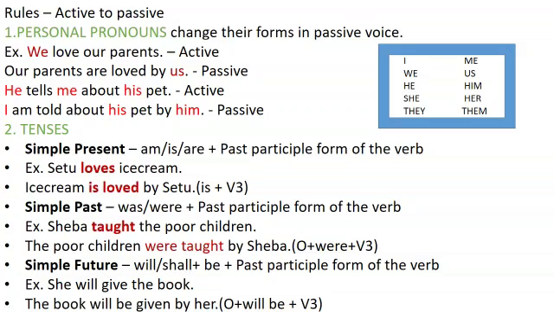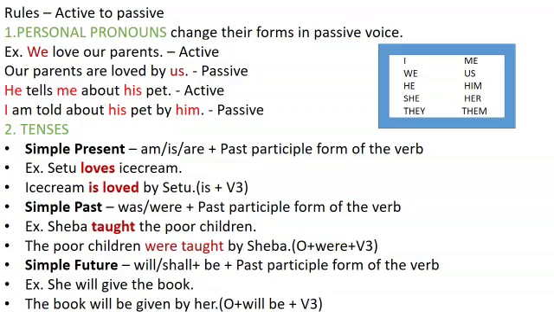The tense of the active voice remains the same in the passive construction. However, the form of the be and have verbs undergo a change. For example, in simple present tense, Setu loves ice cream changes to ice cream is loved by Setu.